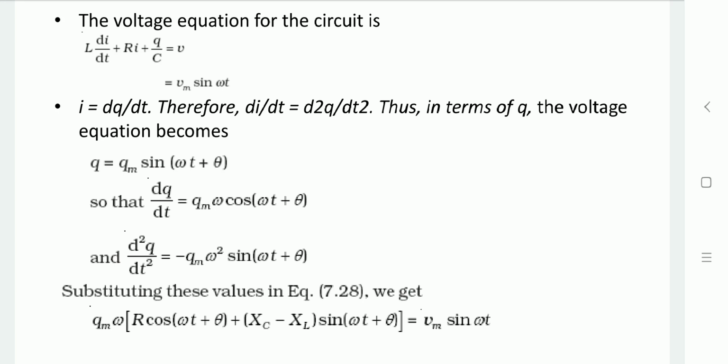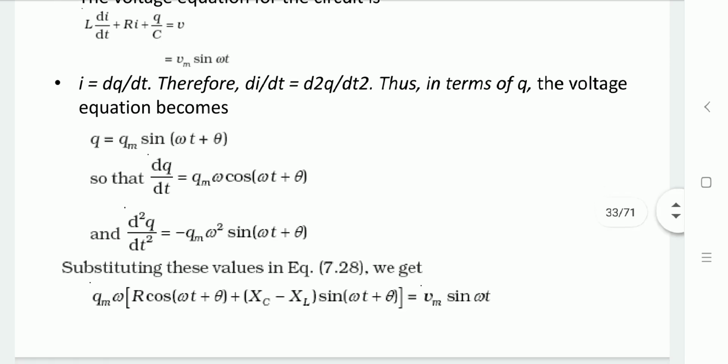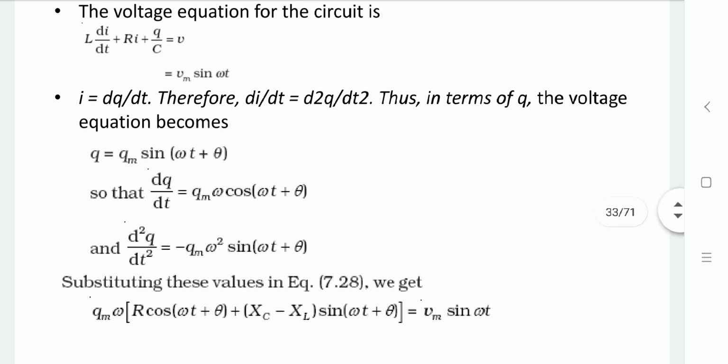Now substitute each value of Q, dQ by dt and d square Q by dt square in the above equation. So it would be like this. And from that equation, take Qm omega as a constant common factor. So the resultant value is R cos omega t plus theta plus Xc sin omega t plus theta minus XL sin omega t plus theta equals Vm sin omega t.